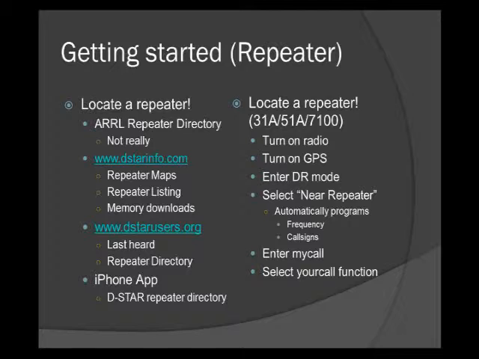It automatically programs the information that you need. All you have to do is enter your call sign. And another thing we need to mention, we'll talk about registration, but if you just select the your call function in there, you're on the air. You're ready to go because the repeaters are already programmed in there that you can find.